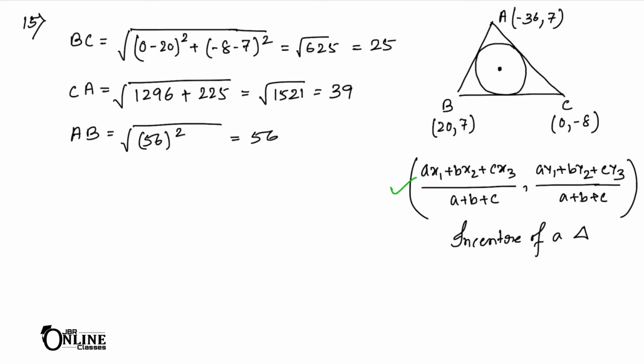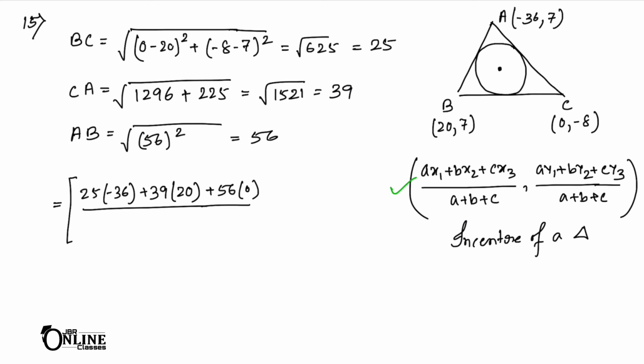So now the incenter, so here the formula, that is first multiply 25 into minus 36, then here plus 39 multiply 20, then here 56 multiply with 0. Okay, divided by 25 plus 39 plus 56.